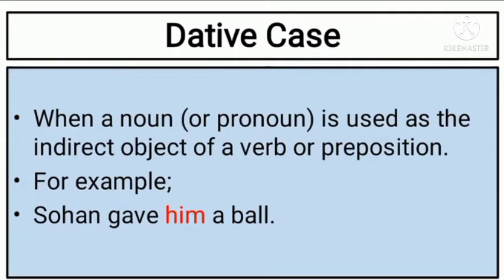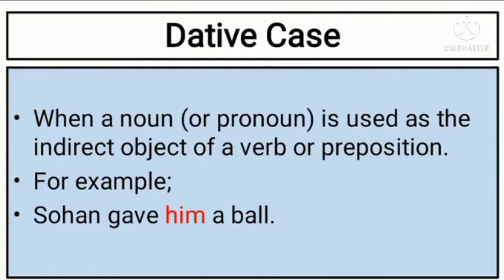We have already told the difference between indirect object and direct object: direct object is something and indirect object is someone.